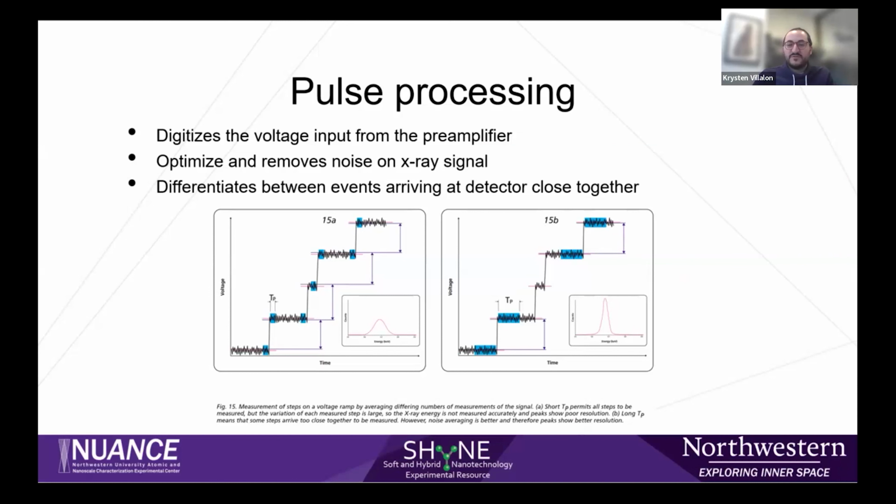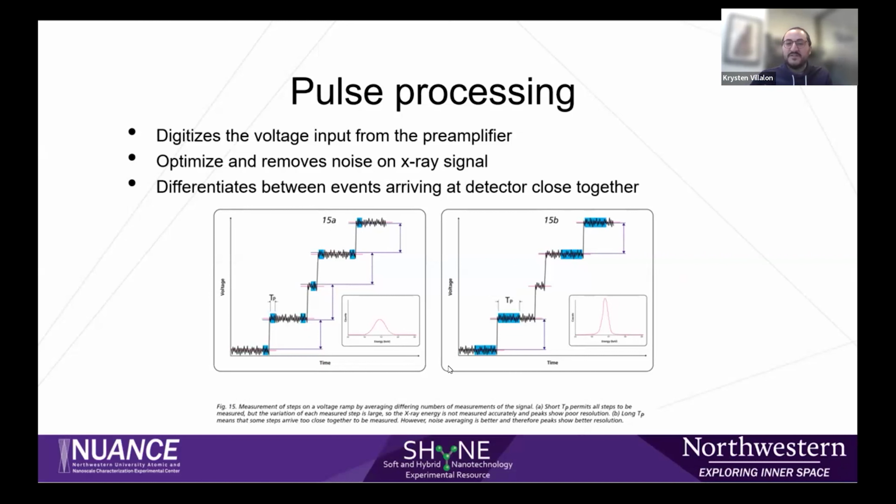It observes for a certain amount of time to just gather the information, which are these blue areas on the graphs here. And then it thinks about what it just saw for a bit, and it determines the energy of the X-ray that was detected based on the average height of the signal. But during the time that it's thinking, it can't see anything else. And that time that it's thinking is what's known as the dead time.